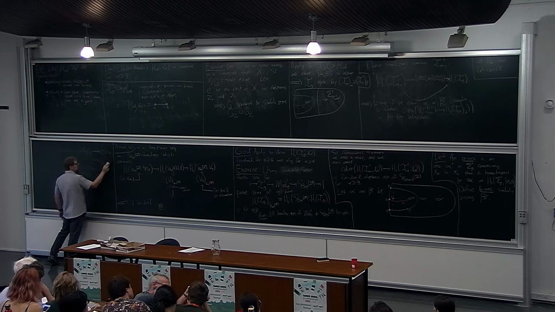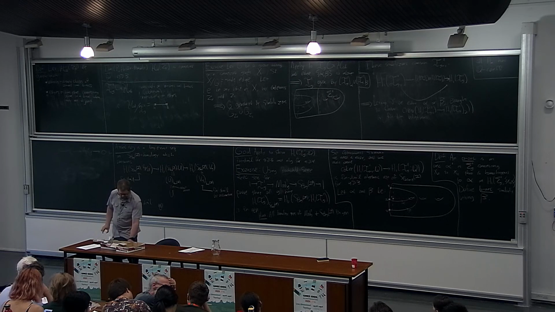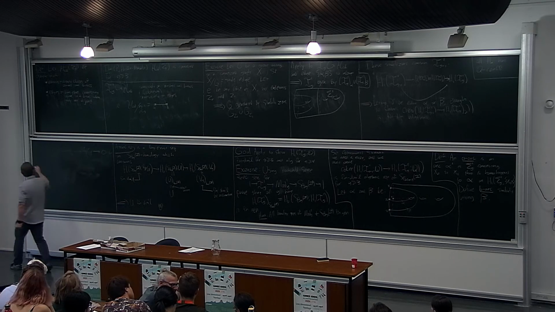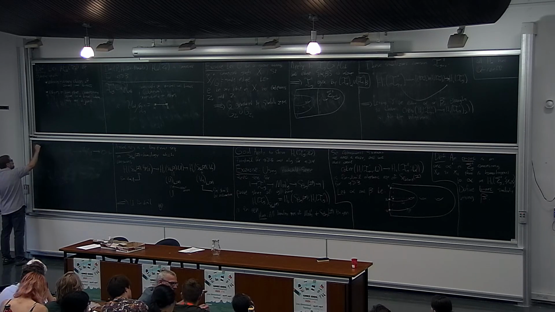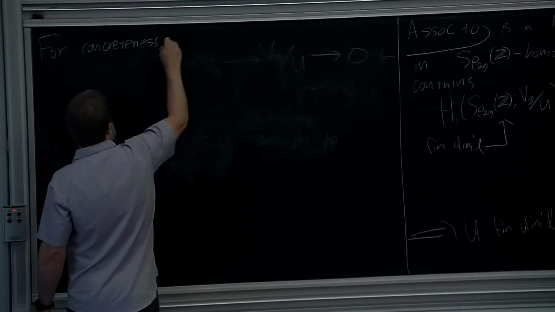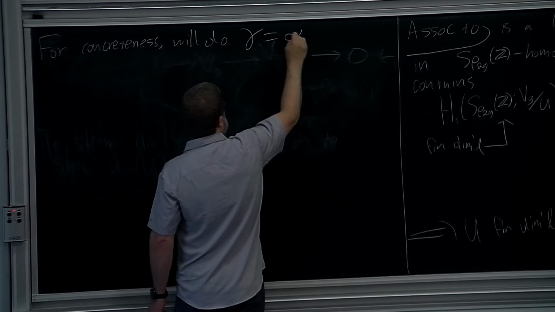So let's do it just for concreteness. Let's do it with alpha. For concreteness, we'll do gamma is equal to this arc alpha.